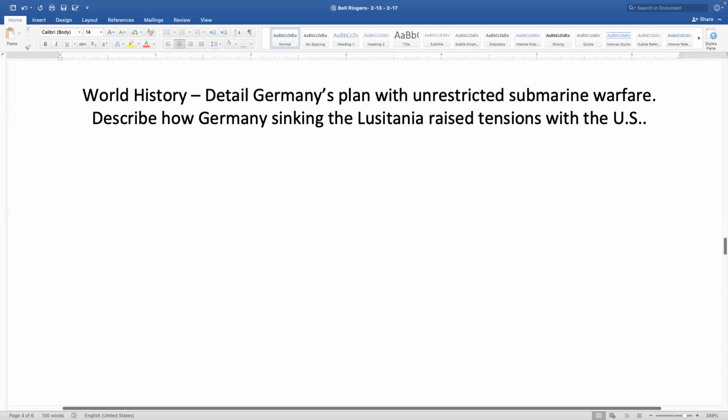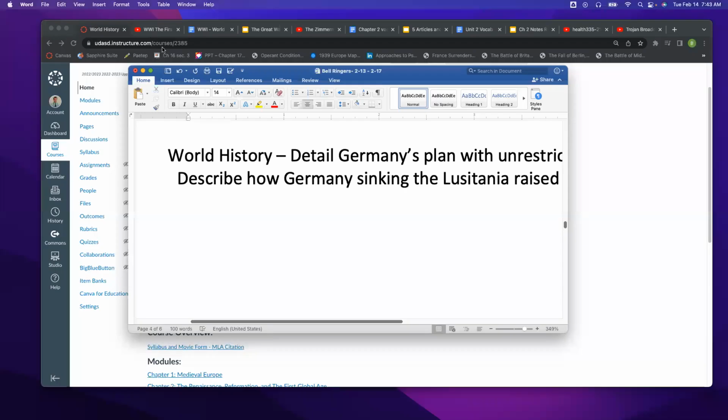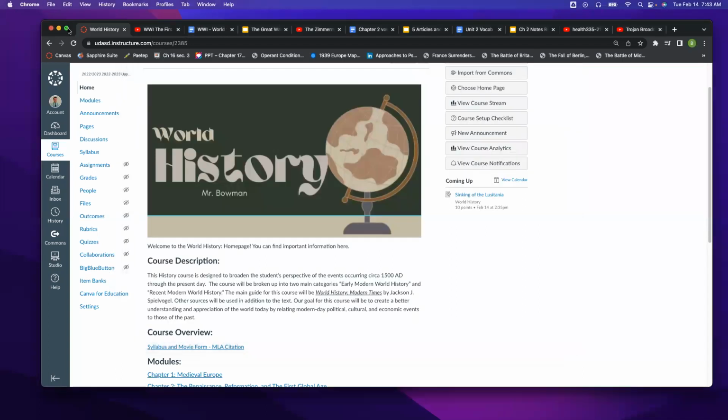These stories really hit home because we know they're American citizens, innocent civilians who were part of this wreckage. So this was a way to try to provoke the U.S. to get involved. If you're Great Britain, you want to really emphasize these stories to get them involved. All right, so let's go to the assignment.